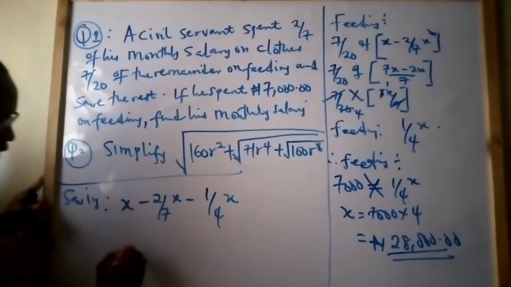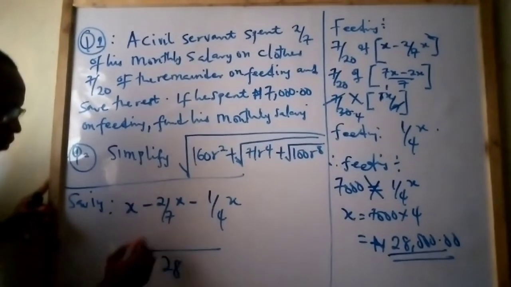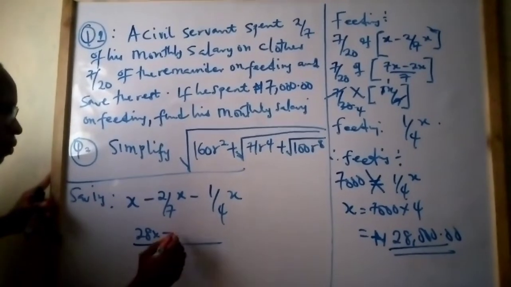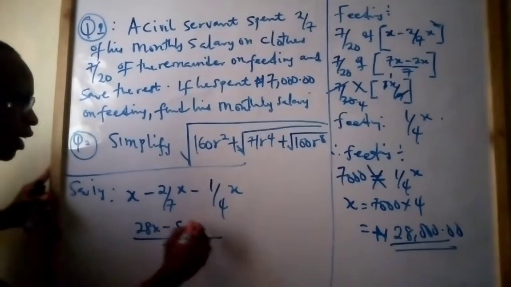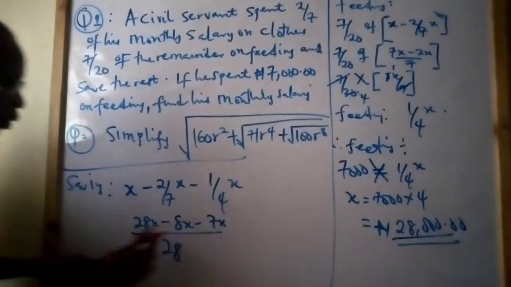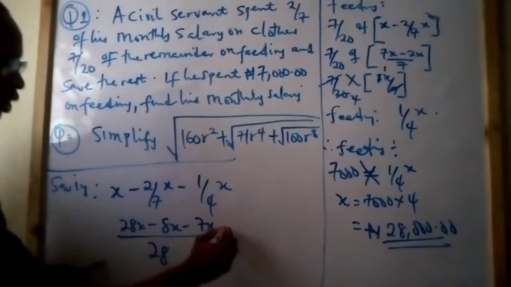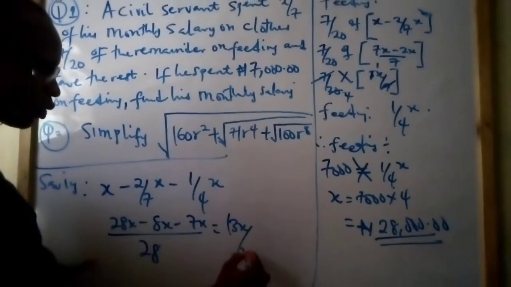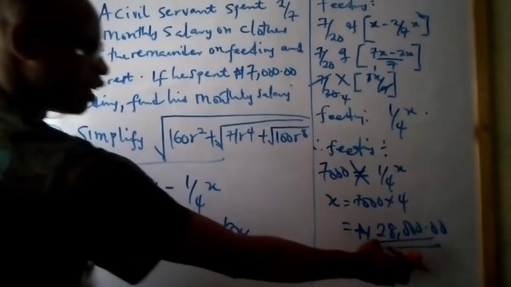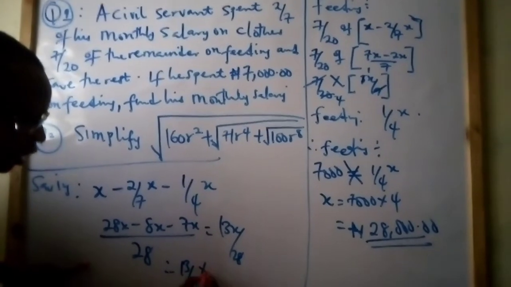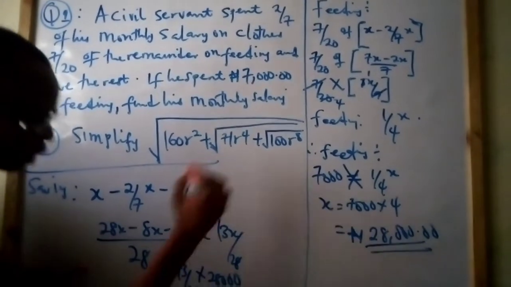Now the LCM is simply 28. This will give you 28X minus 8X minus 7X. So 28 minus 15 is simply 13X over 28. Don't forget that we have gotten X to be 28,000. So therefore we say 13 over 28 times 28,000.